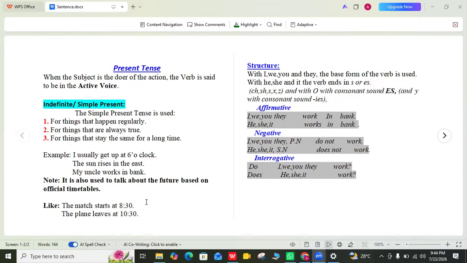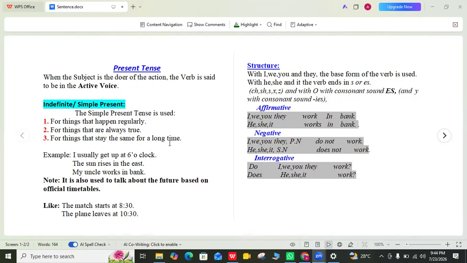Number two, it is used for things that are always true, reality, universal truth, like the sun rises in the east. And number three, the present tense is used for things that stay the same for a long time.